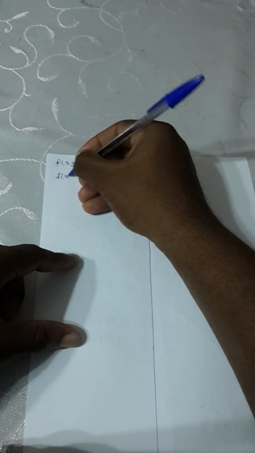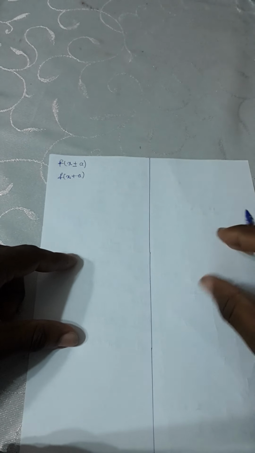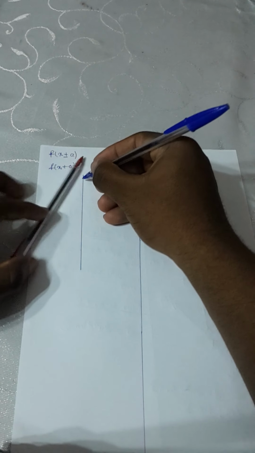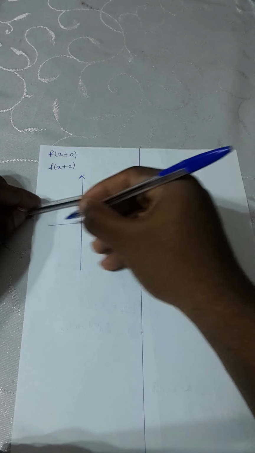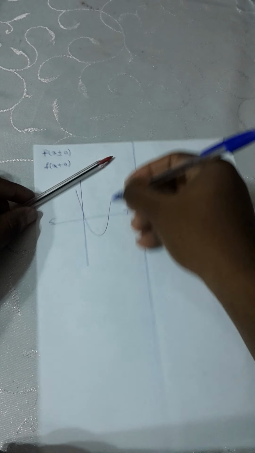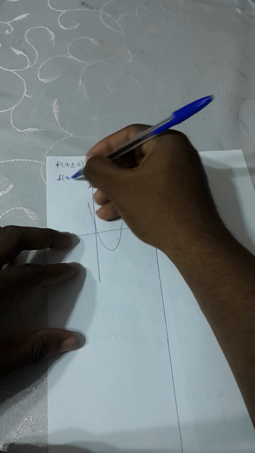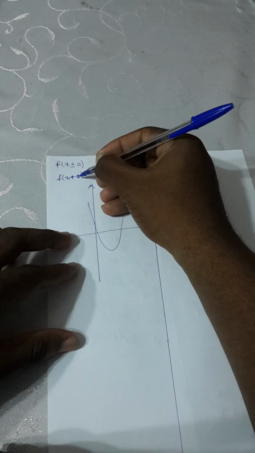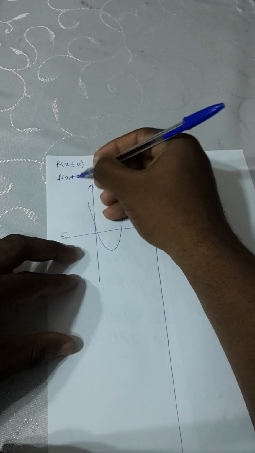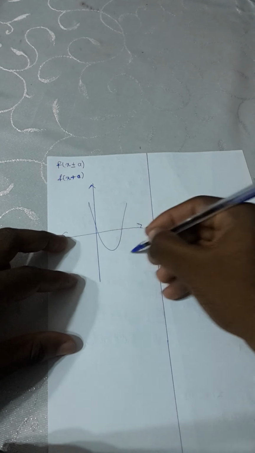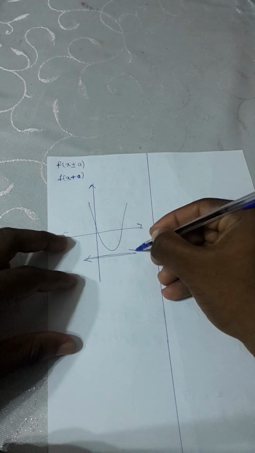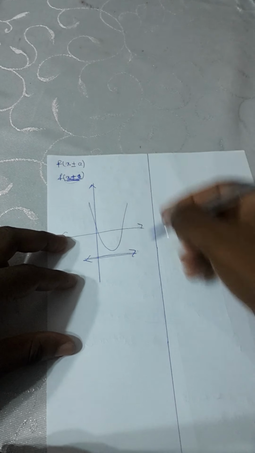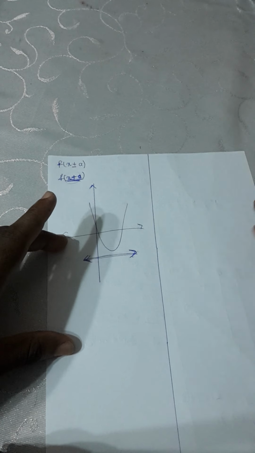If you have f of x plus a, you need to ask yourself a question. If I have my graph as such, anytime I have f of x plus a, I need to know that there will be a shift on the horizontal line. If there's an addition of a on the x, there will be a shift on a horizontal line.